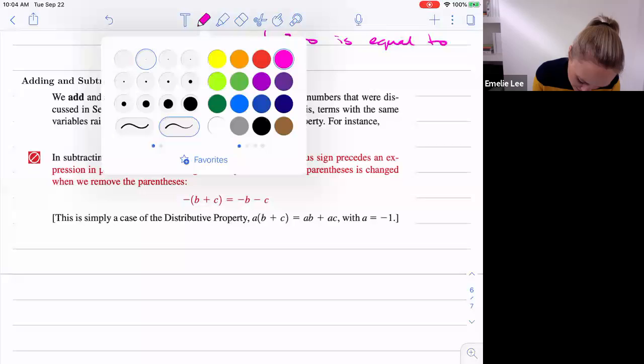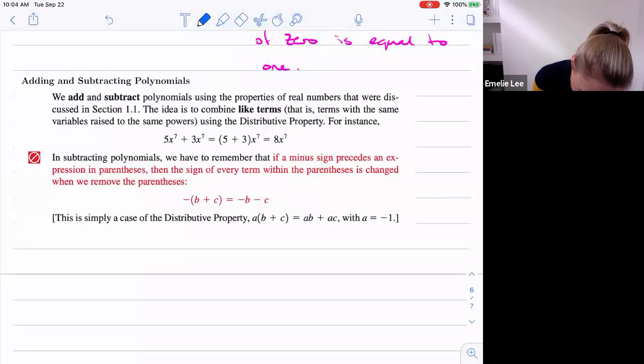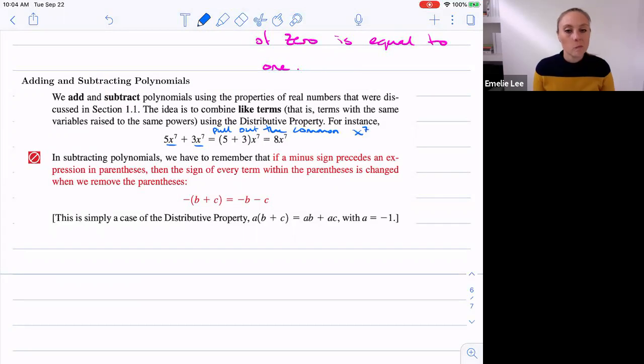Here I'm just going to combine like terms, or pull out the common x to the 7, and then we can deal with the coefficients. To simplify a polynomial, if you have x to the 4th 3 times over, you can simplify that by combining the coefficients.